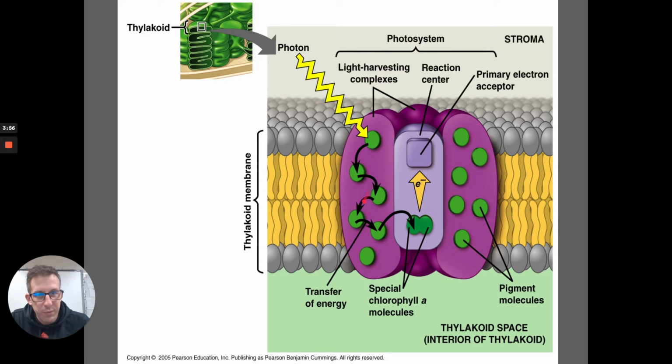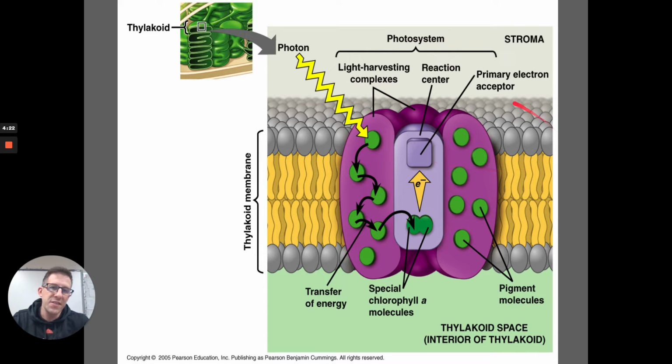Okay? These pigment molecules we see here in green also specialize in harvesting the light energy of the sun. And so we see these pigment molecules embedded throughout this larger protein complex. Okay? In the center of this, we see something called the reaction center. The reaction center has something embedded in it called the primary electron acceptor, which is also important.